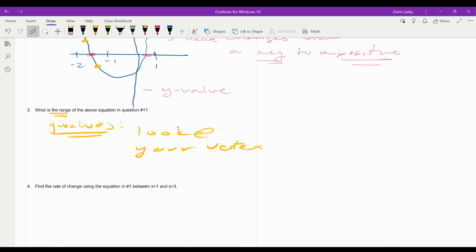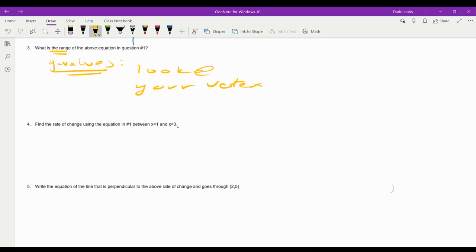So when we're looking for rate of change, don't forget our rate of change is a change in y over the change in x. And remember, we're asking you using the equation in 1. So we've got to go back up and look at 2x squared plus 2x minus 3.